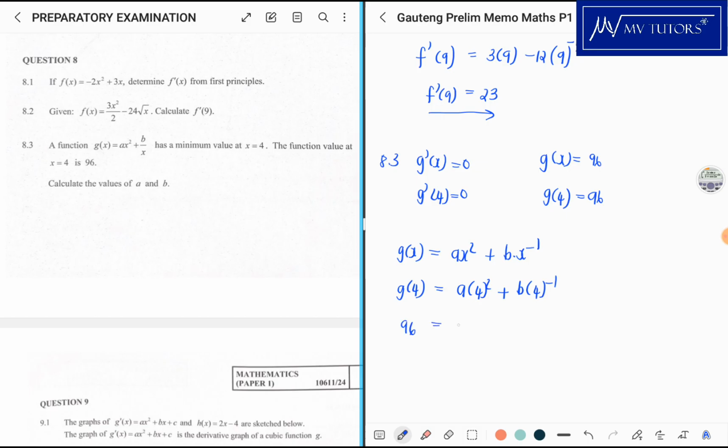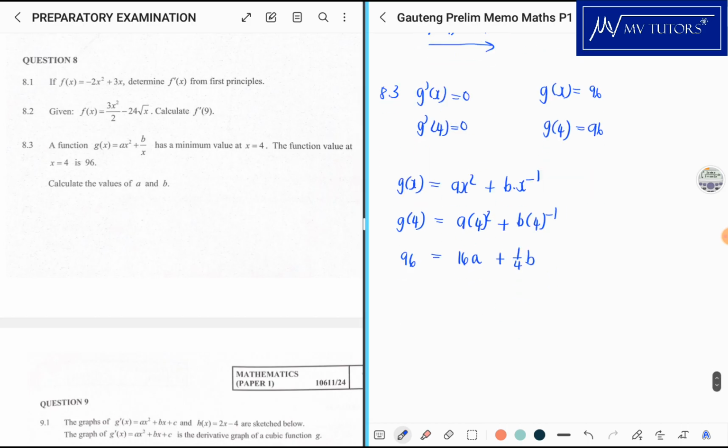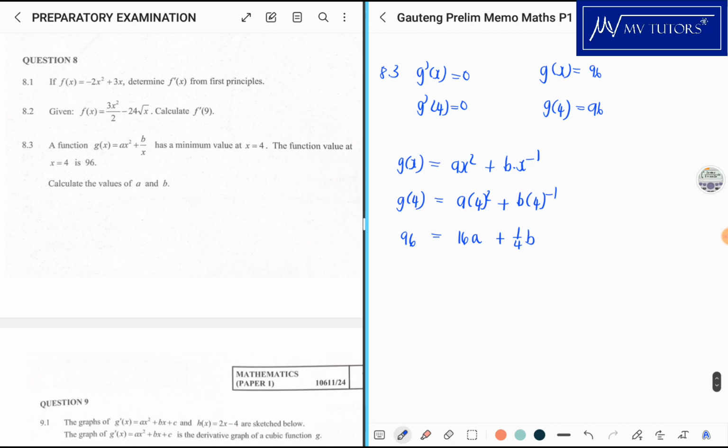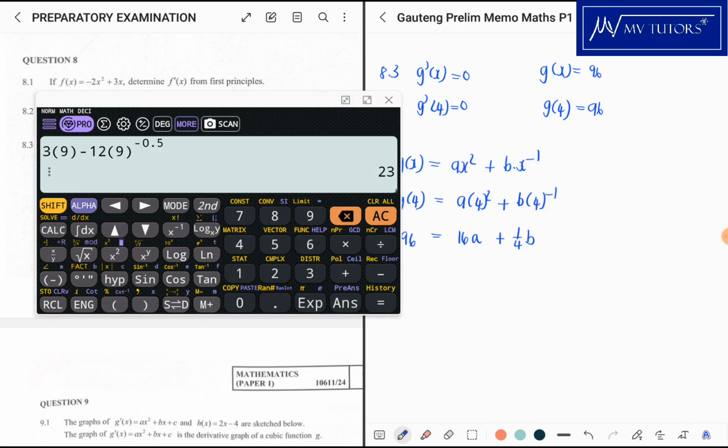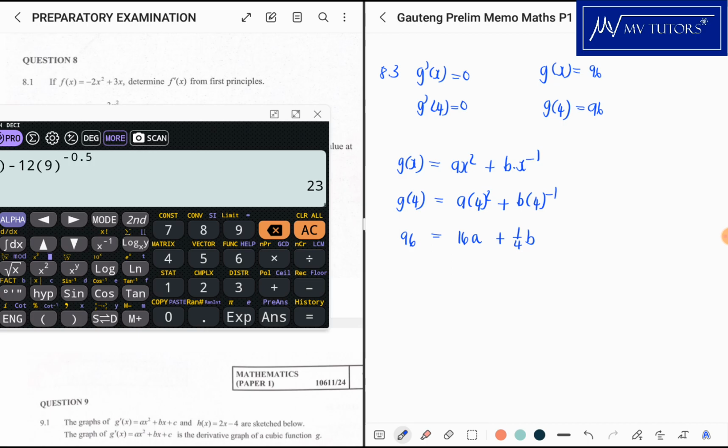I have 16a, and I have a quarter b. I am just going to get rid of that 4, I don't like working with fractions. So what is 96 times 4? It is 384. And then I have 16a plus b. So that is my first equation.